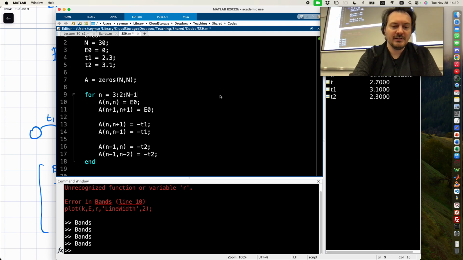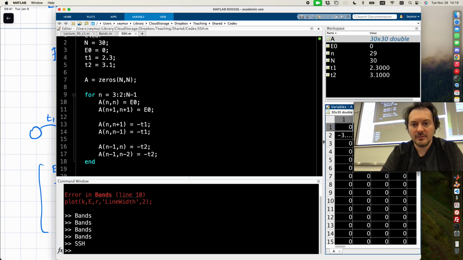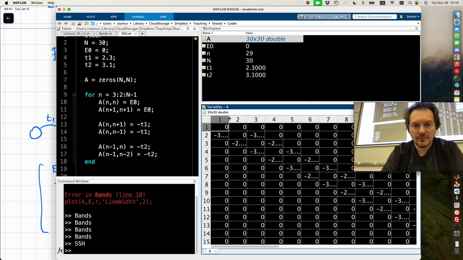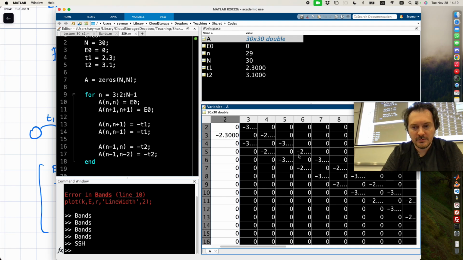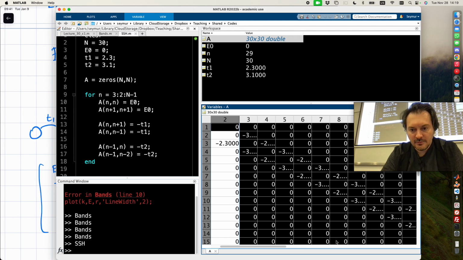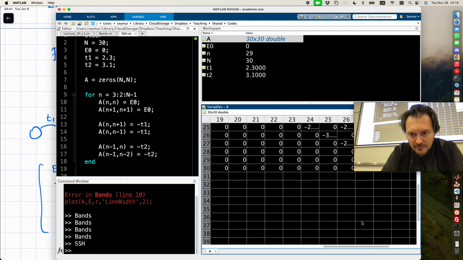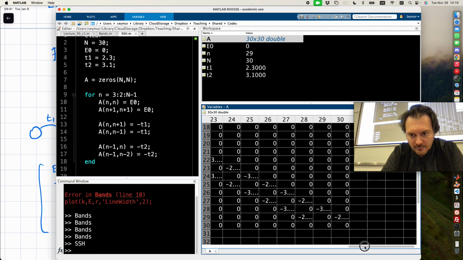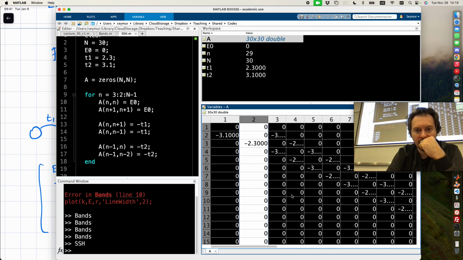But let's see what we are missing. So we are missing just this one and the one at the end, right? First row and the last row, are we missing only those or are we missing more? First row and the last row.